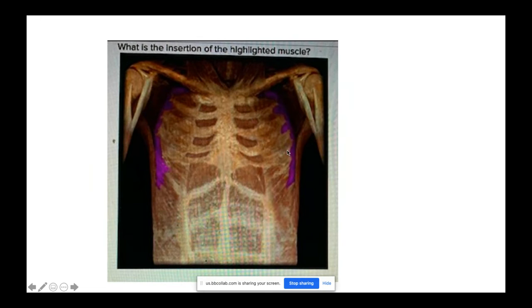Okay, now this one is an interesting muscle. This is one that will come up in the discussion board. I'll go through that too. This one here is the serratus anterior muscle. And the serratus anterior originates on these upper ribs, and then it wraps around the thoracic rib cage and tucks underneath the scapula.